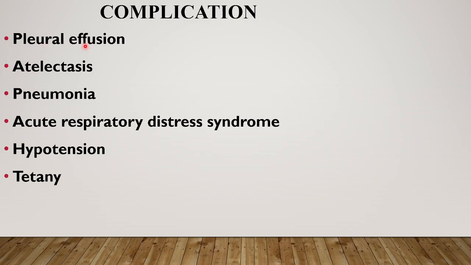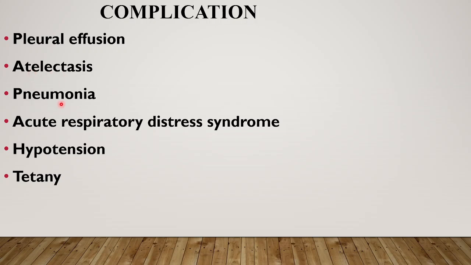Pleural effusion: fluid comes out due to vascular permeability, which is due to the cytokine effect, and from the capillaries fluid shifts to the lungs. If the fluid accumulates in the pleural space, it is pleural effusion. If our alveoli collapse or the lungs collapse, then atelectasis.